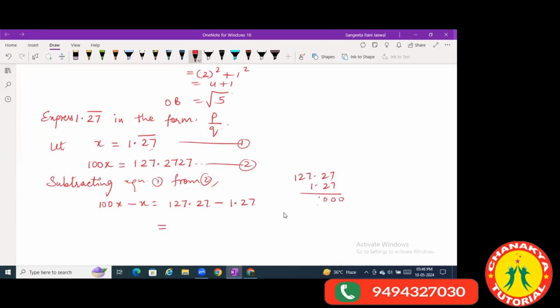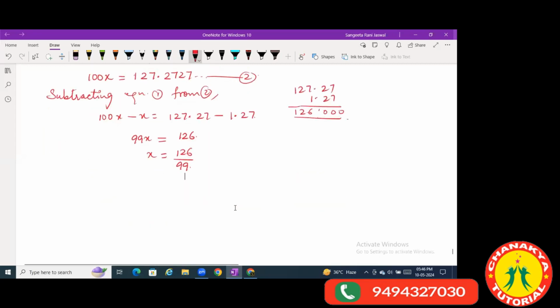And before the decimal you have 127 minus 1, so this becomes 126. And 100x minus x will be 99x. So that means your value for x is 126 by 99. So this is now in p by q form.